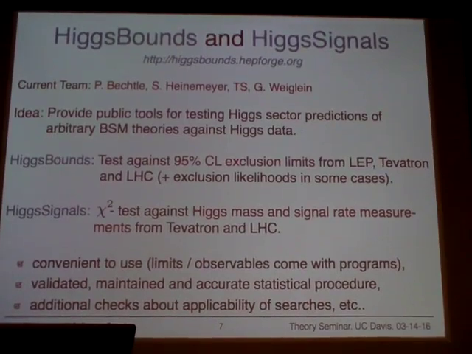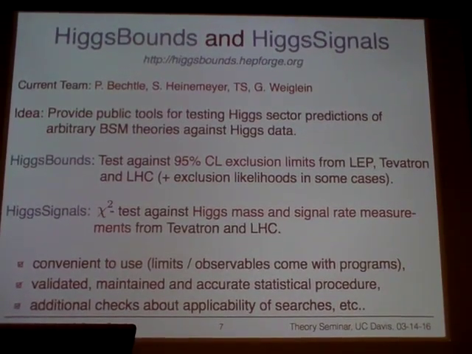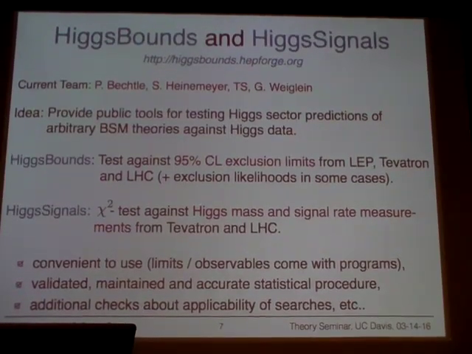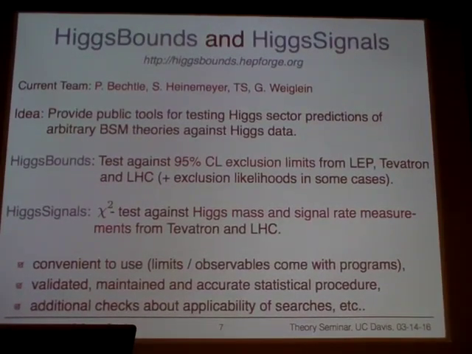Sorry. When you say it only uses exclusion plots, what is the standard way to compute the, say, acceptance? Is it just assuming that it's the same as the standard model? Yeah. So there is a model assumption there. I will come to this also later.